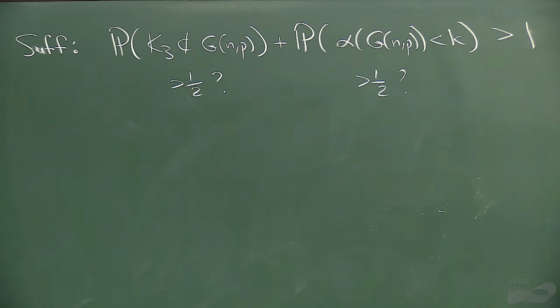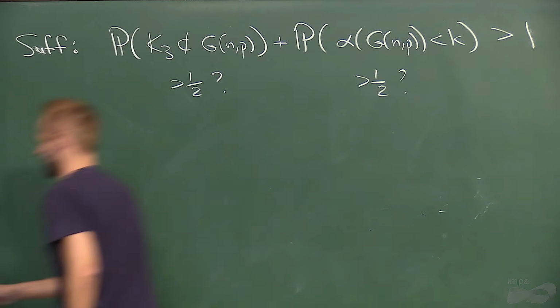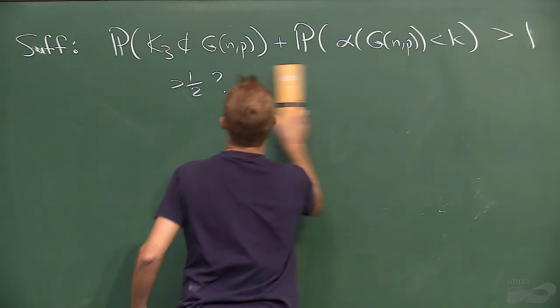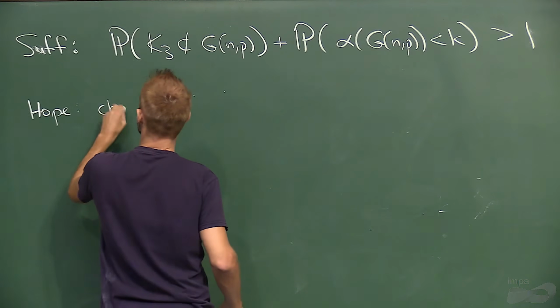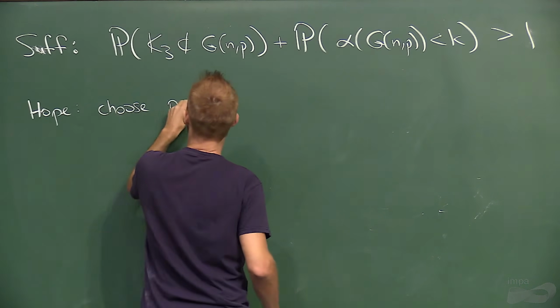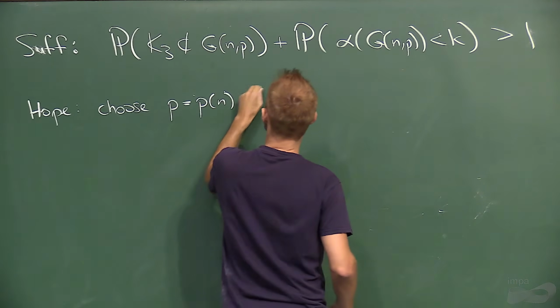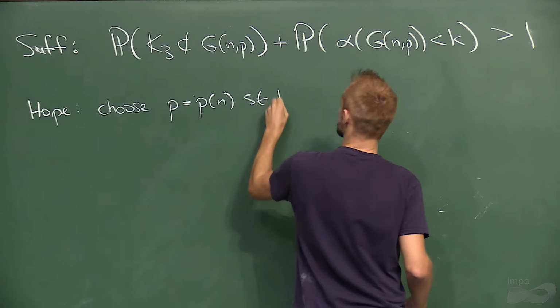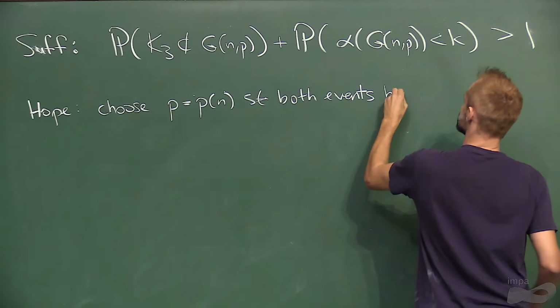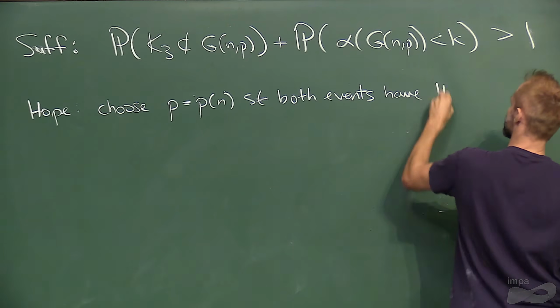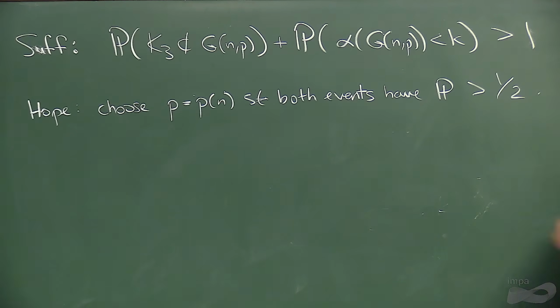So, choose p such that both events have probability strictly greater than 1/2. We need to try to understand these probabilities.